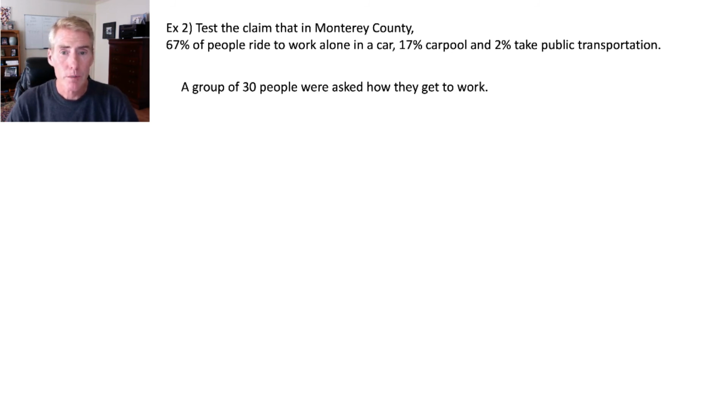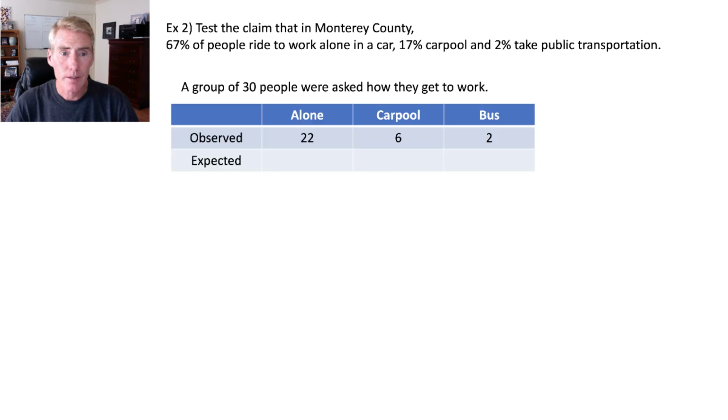So a group of 30 people were asked how they get to work. And 22 of them said they drive alone, 6 said carpool, and 2 said they take the bus. So when you add these up, that's of course 30 people, and there's 3 categories: alone, carpool, or bus. So K equals 3.